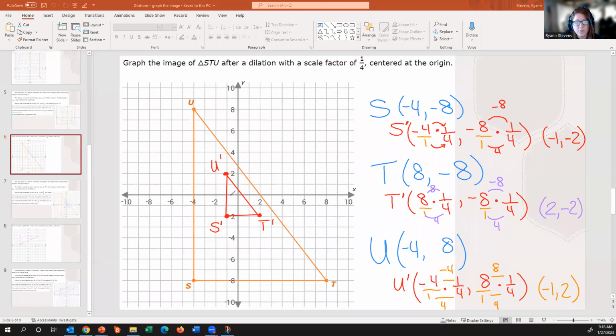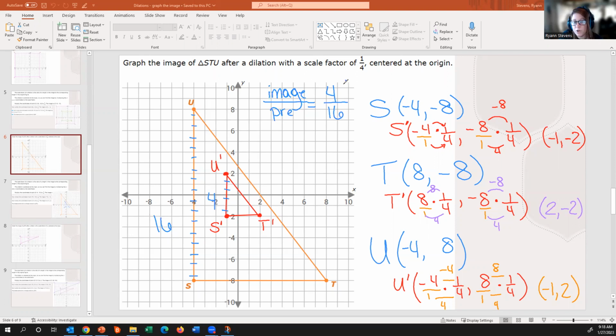We'll look at this side US. So this image is 1, 2, 3, 4 units. And then the pre-image is 1, 2, 3, 4, 5, 6, 7, 8, 9, 10, 11, 12, 13, 14, 15, 16. And so remember, our image goes over our pre-image, which is going to be 4/16, and then I can reduce this.